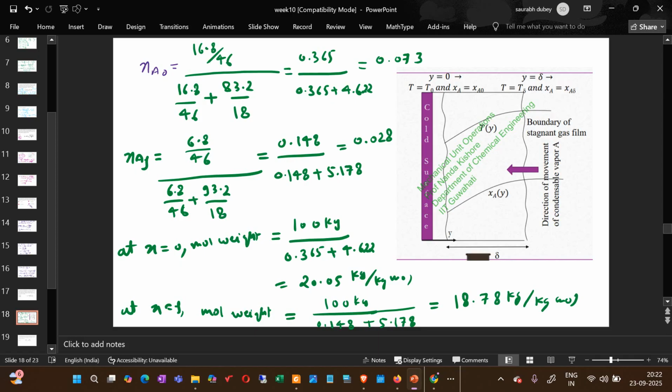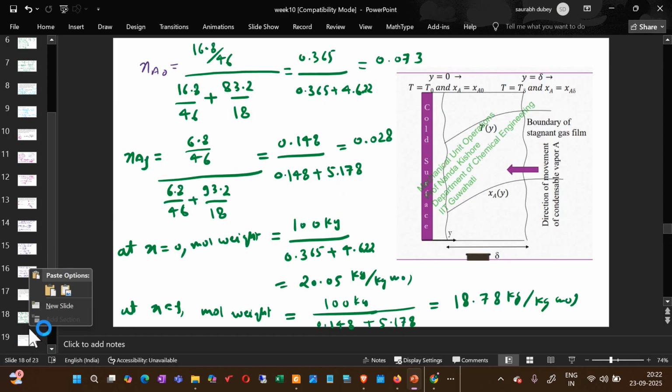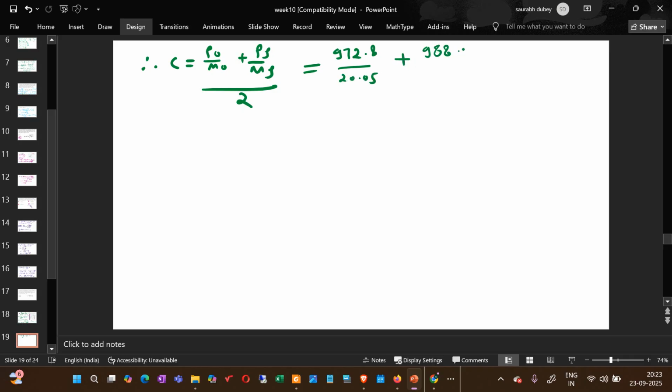Now if you see, almost the question is solved, just a few main steps are left. Here you are given the density. So C is rho naught by M naught plus rho delta by M delta, which equals 972.8 divided by 28.05 plus 988.1 divided by 18.7.